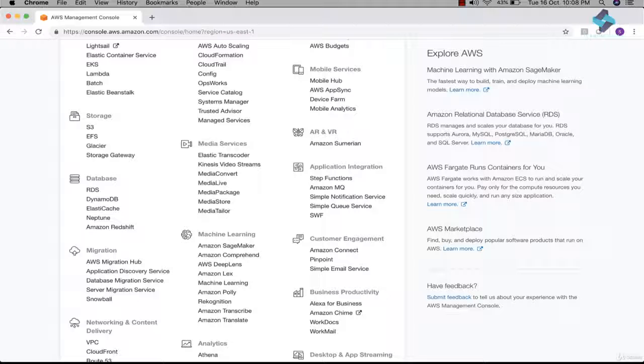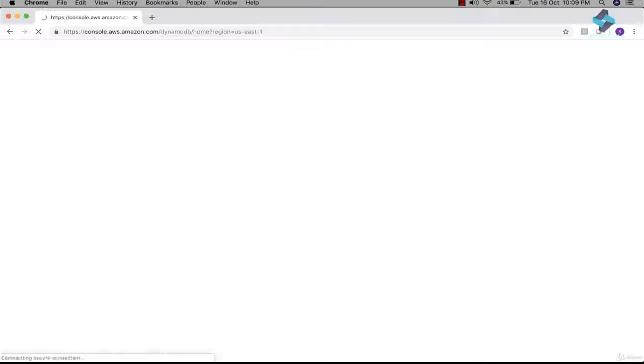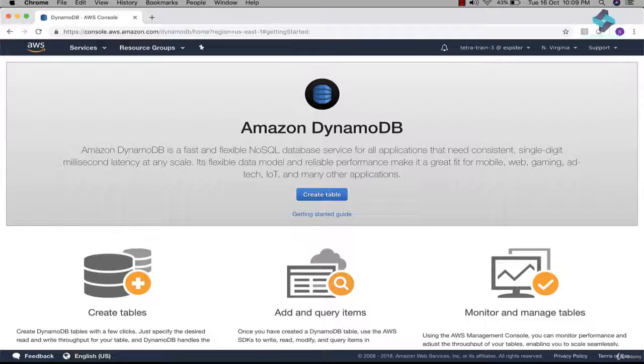If you have ever worked on DynamoDB, you know that you create a table in DynamoDB, right? After creating a table, you insert data into it. The billing of DynamoDB is on read capacity units and write capacity units, plus the storage. So there are two components of DynamoDB billing.